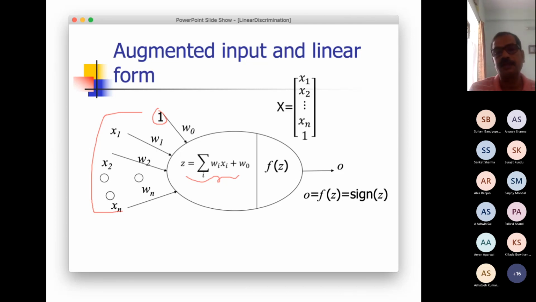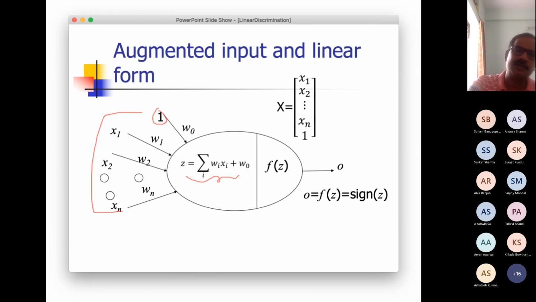That is the part we call augmentation, and the feature vector has an additional dimension where the value is always 1. Those who have already gone through geometry and computer vision know that this is the homogeneous coordinate system representation.